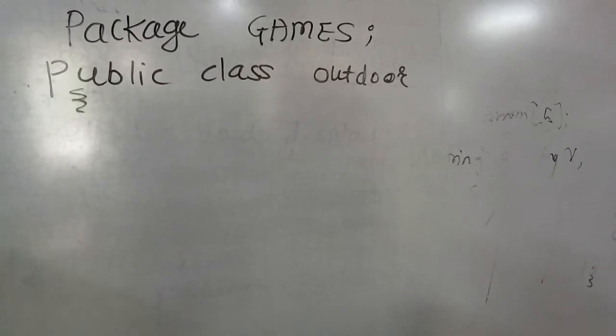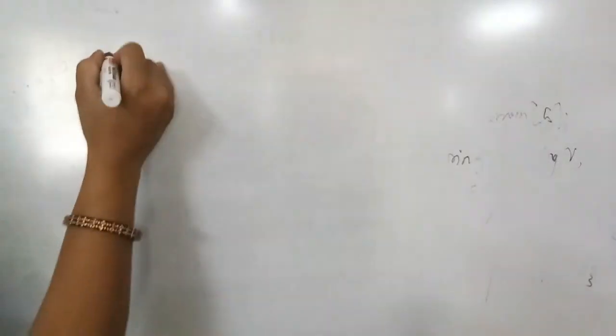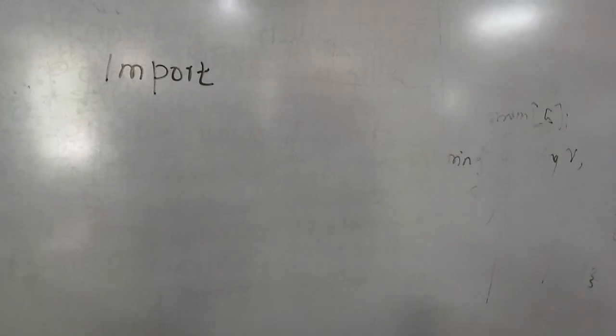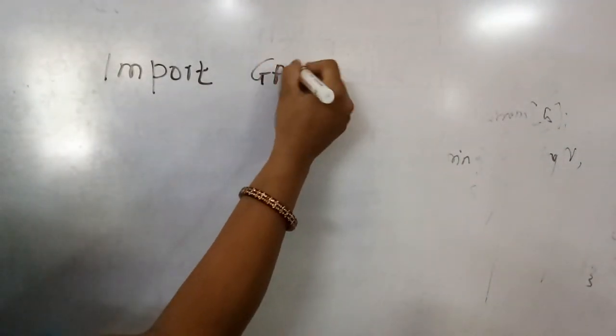And now I will show you the third mechanism, where you are using the packages for programming. That is, by creating a separate program, means a separate class, this package, the games package, is imported like other import statements. This is the import. You have to import your package name, for example games.